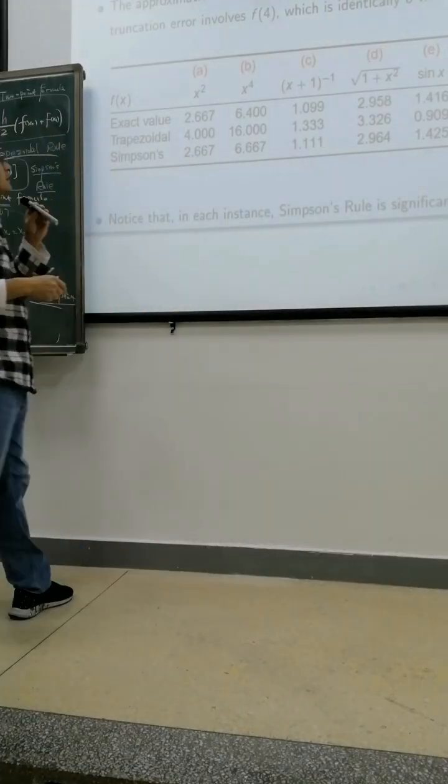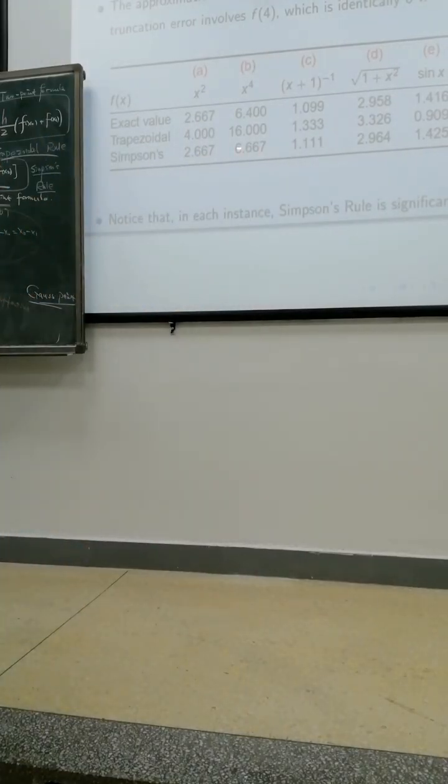Simpson's rule is more accurate than the trapezoidal rule. Now we may ask why this rule is more accurate than this one. The reason: we need to do some error analysis.